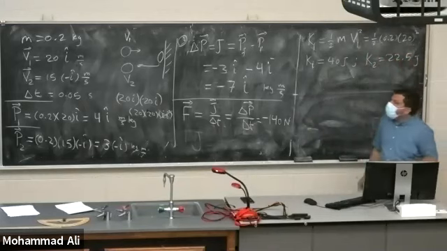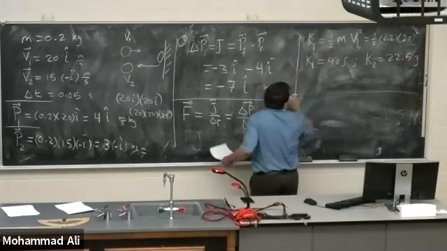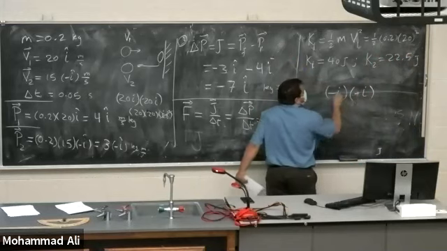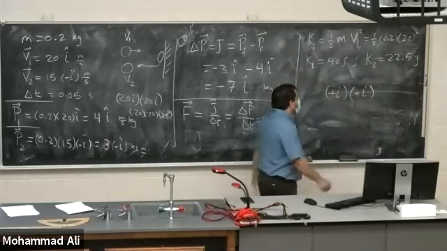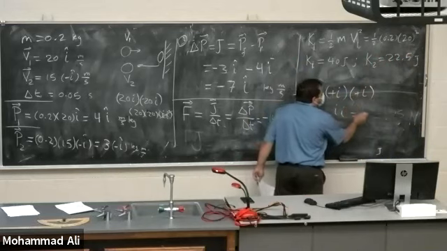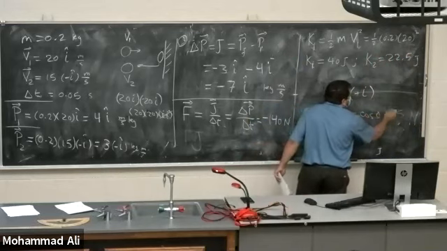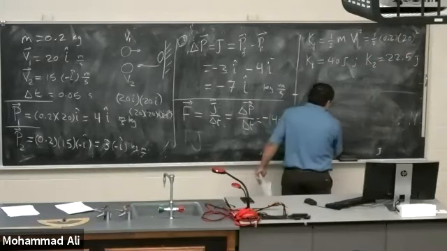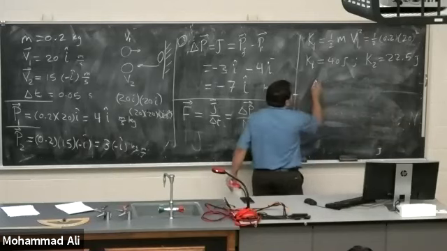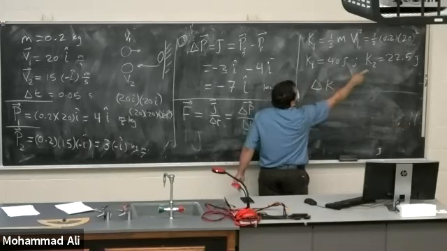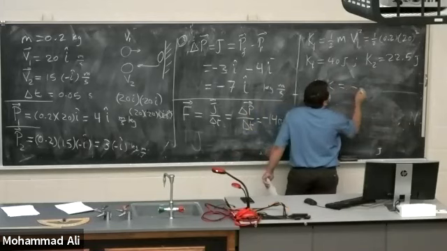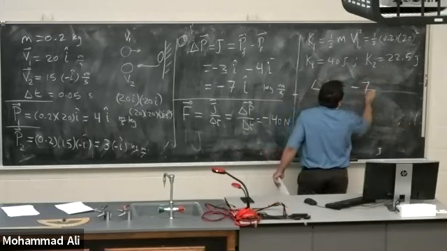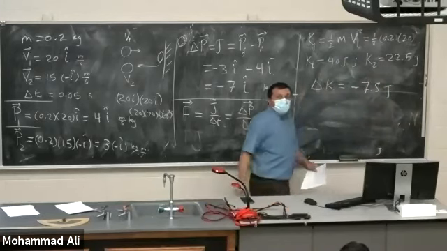There is no negative sign because negative i multiplied by negative i, the negative with the negative will give us positive. i multiplied by i, it is cosine 0, which is equal to 1. Okay? What is the change in kinetic energy? Delta K, that minus this, which is equal to negative 7.5 joules. It is negative.